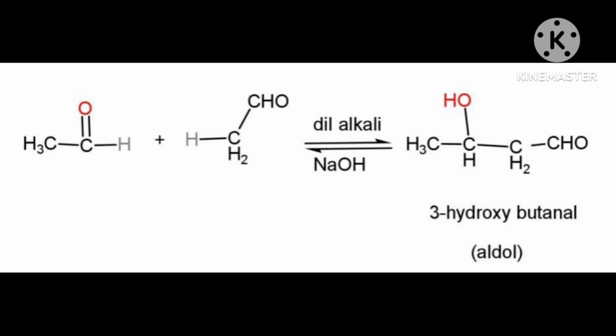Suppose with this CO another carbon is there, and that carbon has at least one hydrogen, then that is called alpha hydrogen. In general, you understand the CO group is there, with that carbon another carbon is there, and from the second carbon H is there, that is alpha hydrogen.